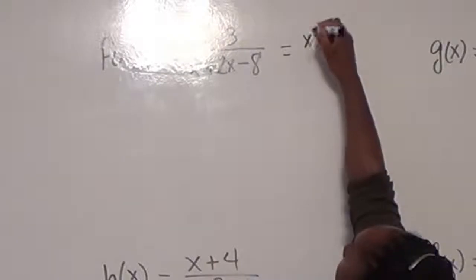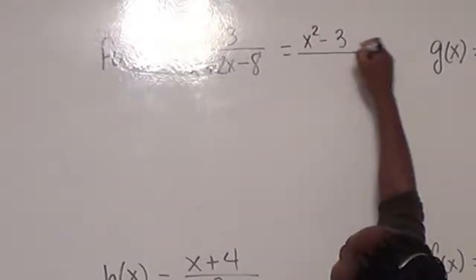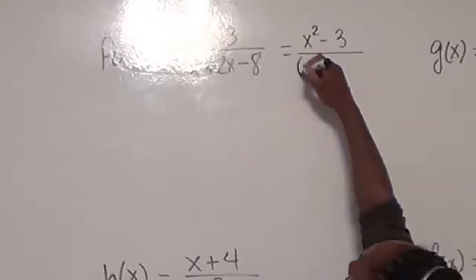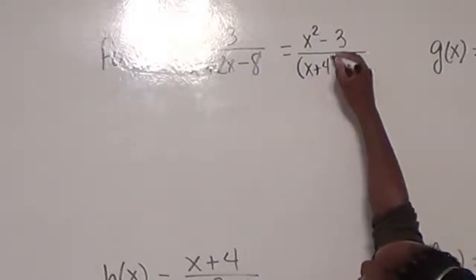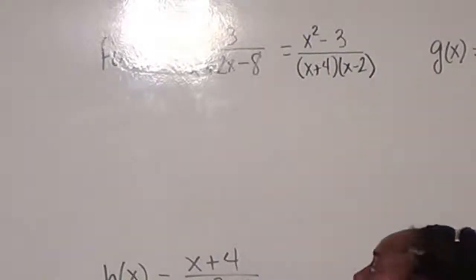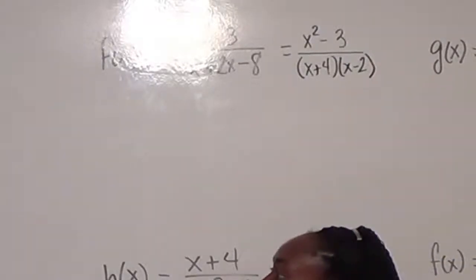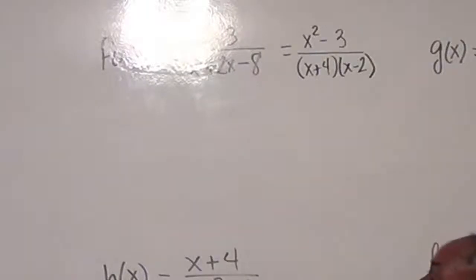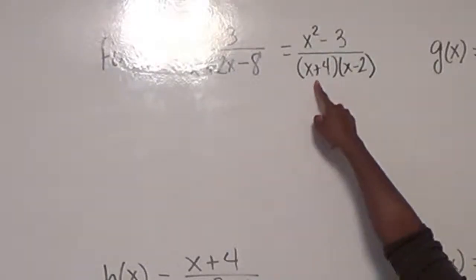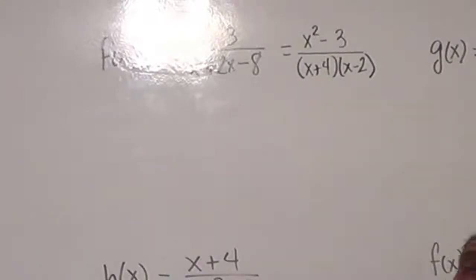This is the same as x squared minus 3 divided by, we can factor the denominator, so an x plus 4 and an x minus 2. So now if I think in terms of my conditions for continuity, I can see that my first condition will fail when x is -4 or x is 2. And everywhere else, it's going to be defined.